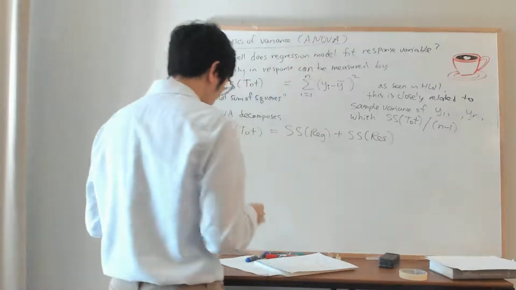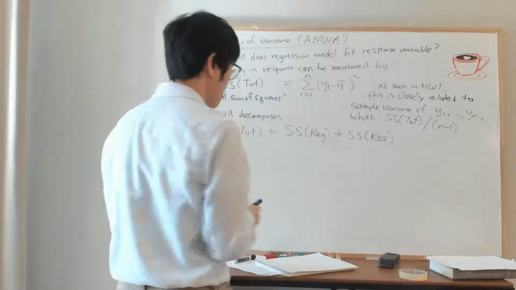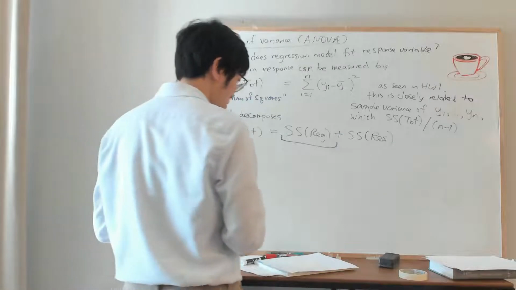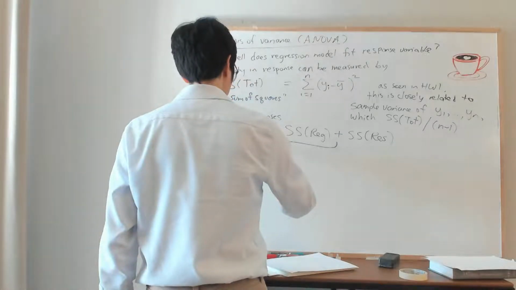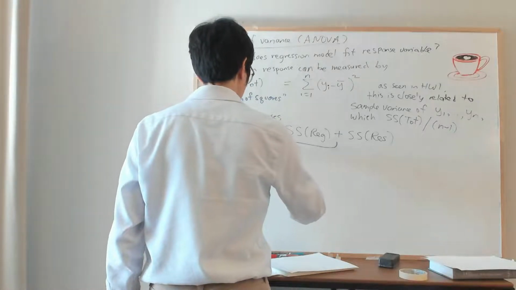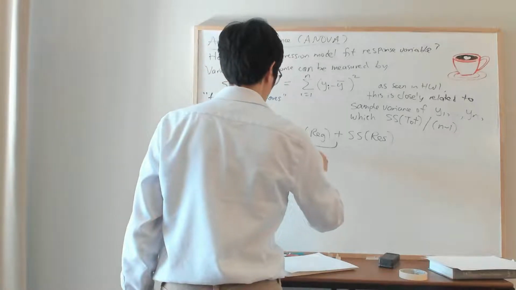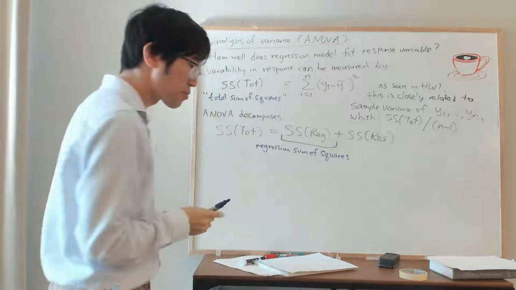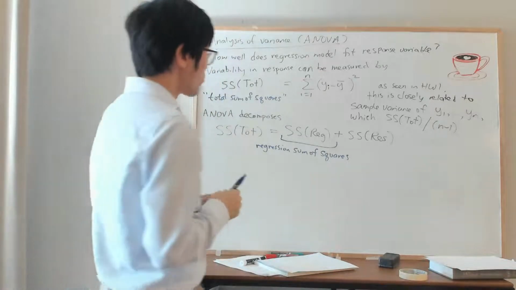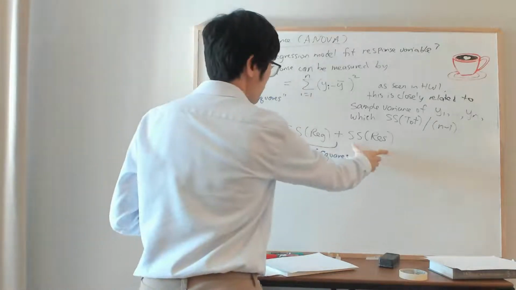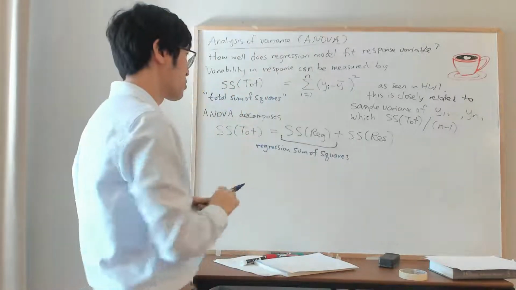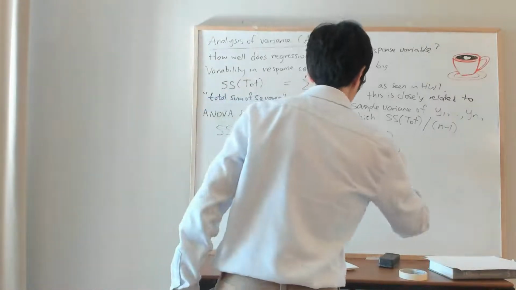Let's give some intuition and write out what these names are. As I just said, this is the regression sum of squares. And this one we've seen before. In fact, I've used this notation before. This part is the residual sum of squares.